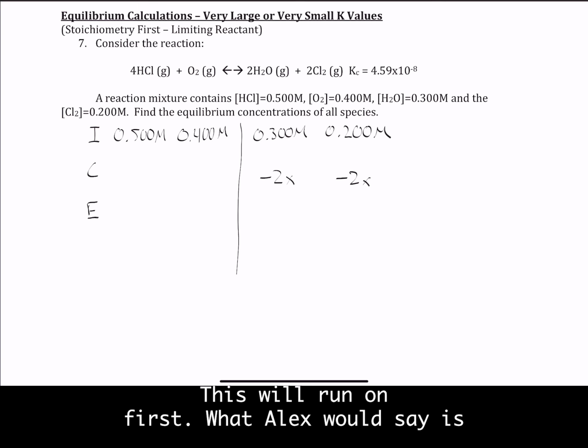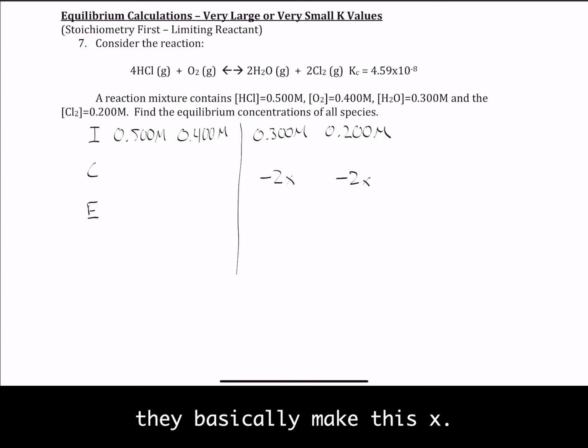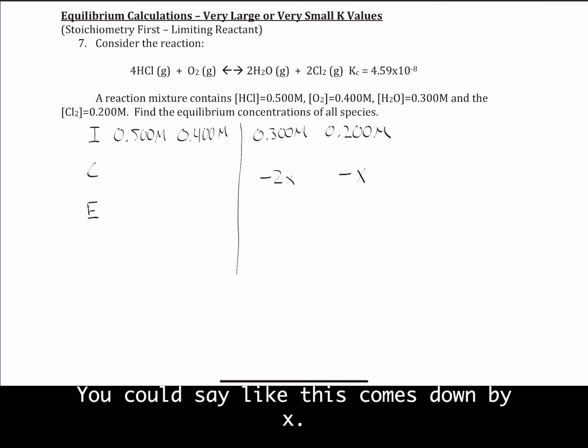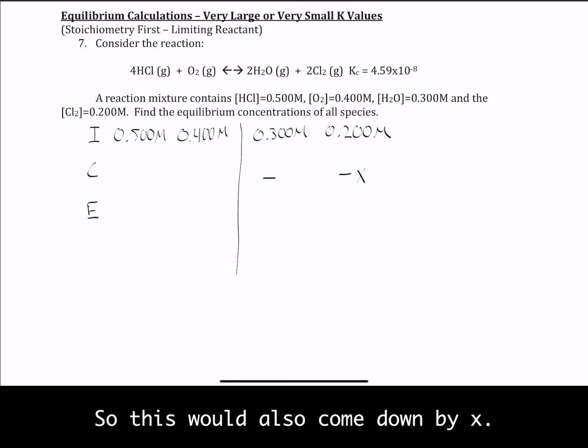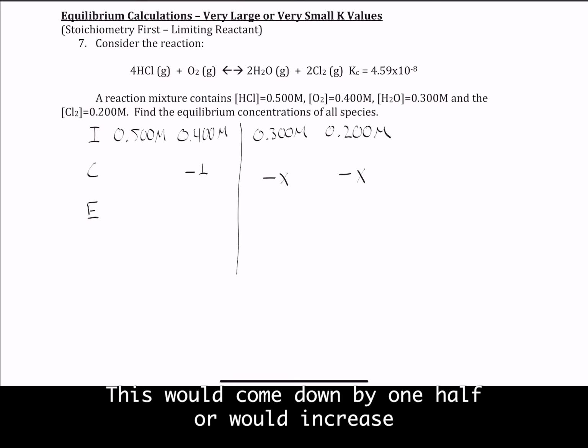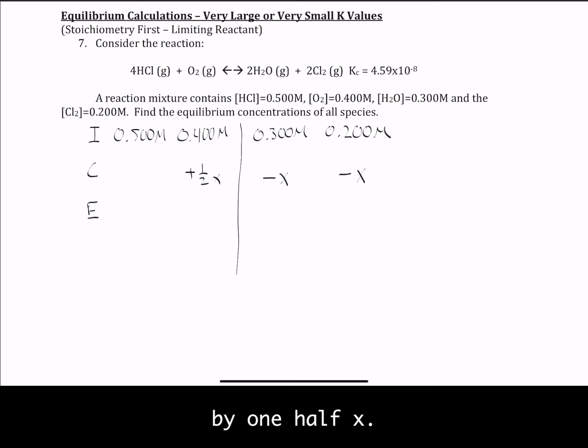What Alex would say is basically make this x. So if that's going to be, we'd say this comes down by x, so this would also come down by x. This would come down by 1/2, or would increase by 1/2 x.